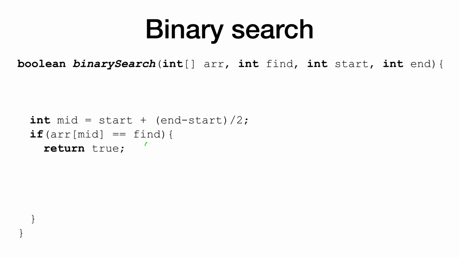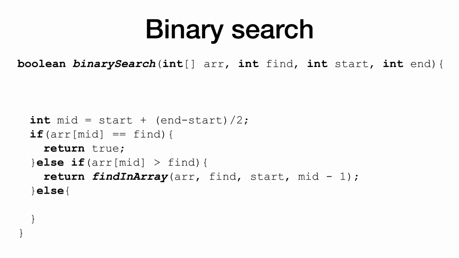So otherwise, if it's greater than that point, we're going to do one thing. If it's smaller than that point, we're going to do another, right? And what we're going to do is make a recursive call. We're going to call binary search again with a smaller range. Because remember, our find doesn't change, our array doesn't change. It's just the range that changes.